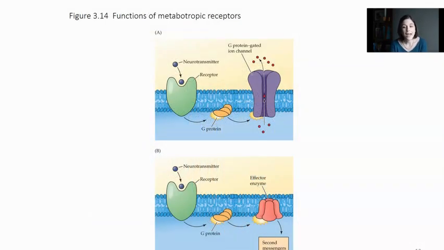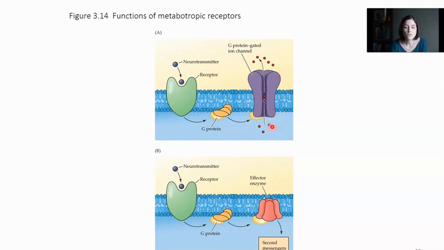So what actually happens when these G proteins are activated? We can see 2 examples of this here. In one case, the neurotransmitter binds to the receptor, causes that conformational change, which activates the G protein. The G protein can then go and cause a signaling cascade, which would activate an ion channel.